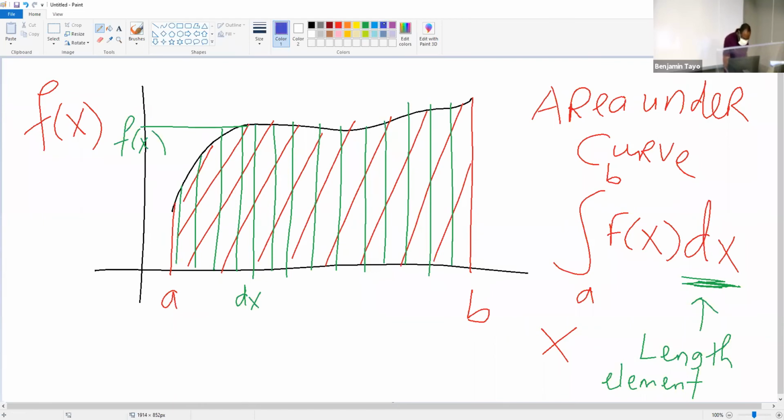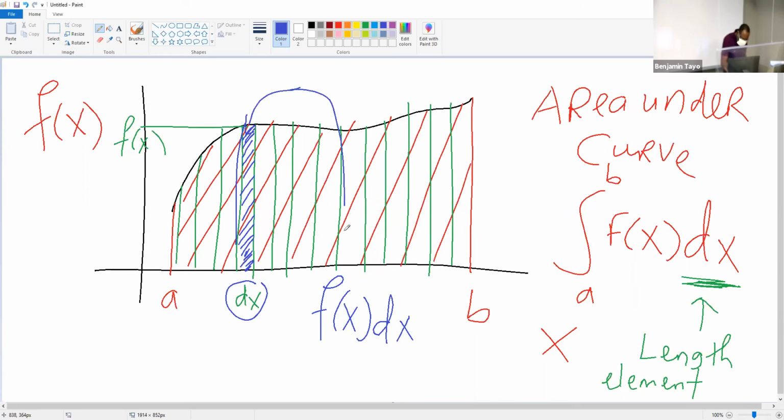Now, the area of this small element here, you can think about this as the length, and this is the width here, so it's f of x dx. So this is the area of this small region right there. If I want to get the total, I just do the integral over all those contributions, right? So by taking an integral, what this means is that I'm just adding all the contributions that come from all the elements. So this is exactly what we're going to do to calculate the electric field.